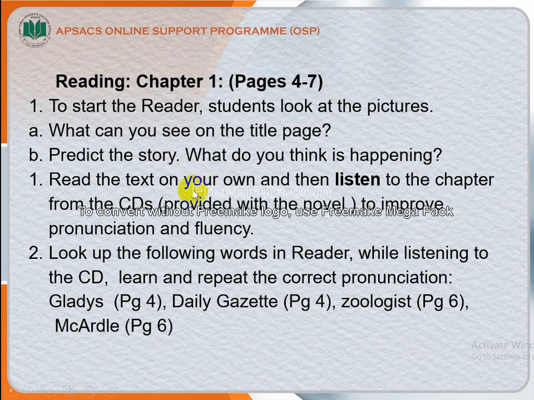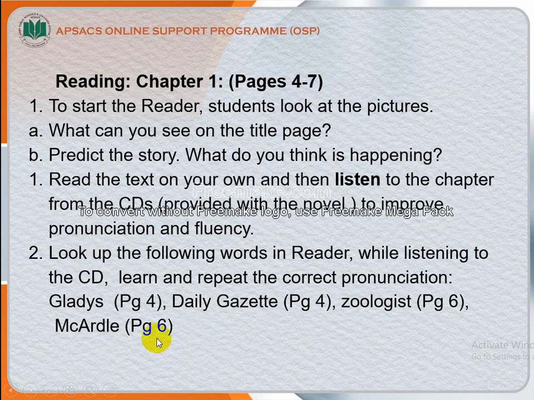Read the text on your own and then listen to the chapter from the CD. The CD has been provided to you with the novel to improve your pronunciation and fluency. When you listen to the CD, you will be able to pronounce some words which are very difficult for you, like pterodactyl.